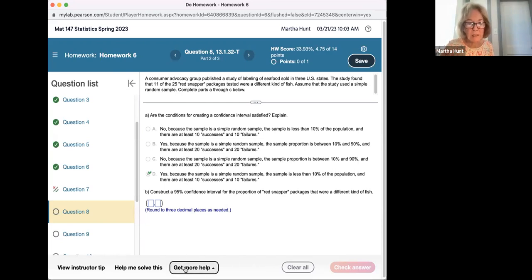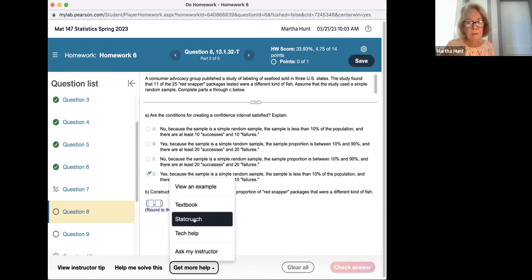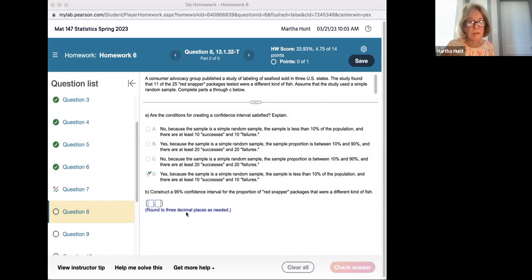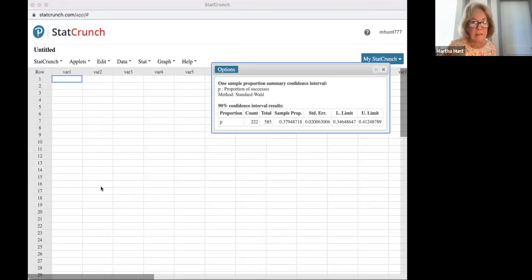So we got lucky. We're going to do get more help, pick StatCrunch, and yes, I will share it with you. And this is it. So once again, we're going to do Stat, Proportion Stats, One Sample with the summary. We were handed the number of successes, 11, out of a total of 25.